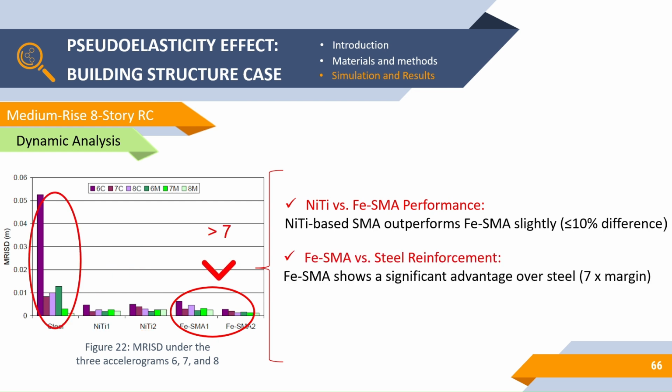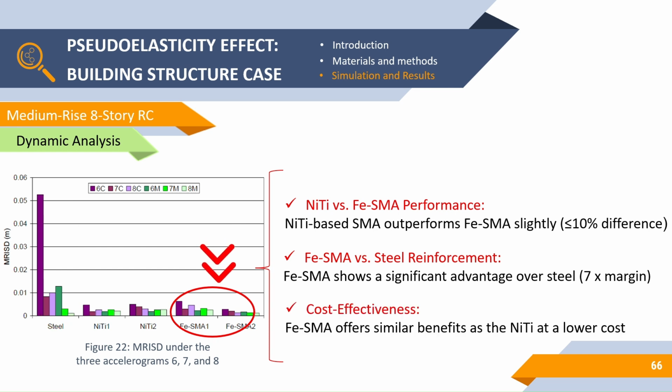In contrast, comparing ferrous-based shape memory alloy and steel, we can say that ferrous-based shape memory alloy shows a significant advantage with margins exceeding 7 times. In general, ferrous-based shape memory alloy remains the most cost-effective option, offering almost the same benefits as the more expensive nickel titanium based shape memory alloy.